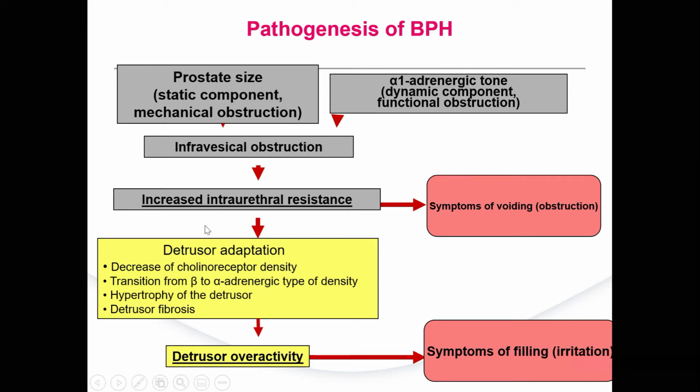And this detrusor adaptation causes detrusor overactivity and the filling symptoms, like the symptoms of irritation. So if we have a patient who suffers from the BPH for a prolonged time, even after the surgical treatment, we will see the filling symptoms and irritation.